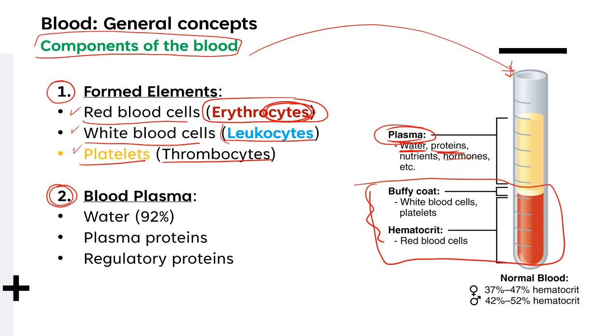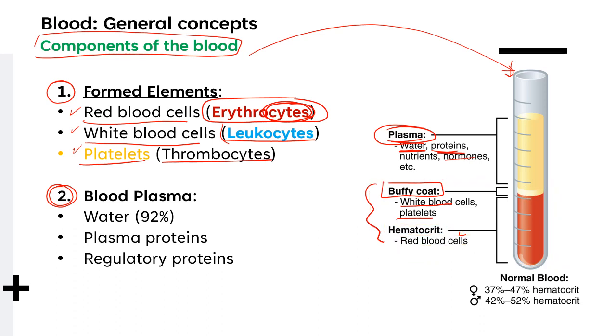So here we can see all this red part represents essentially all your red blood cells. This in the laboratory is called the hematocrit. So the hematocrit essentially is the amount of red blood cells. And the white part represents the buffy coat, which essentially is white blood cells plus platelets.